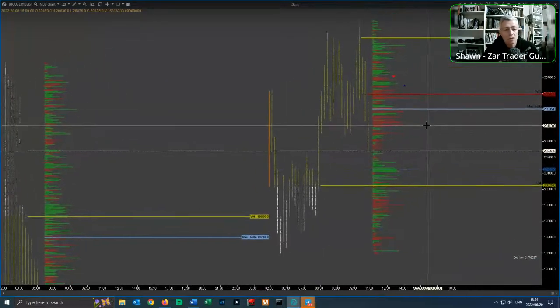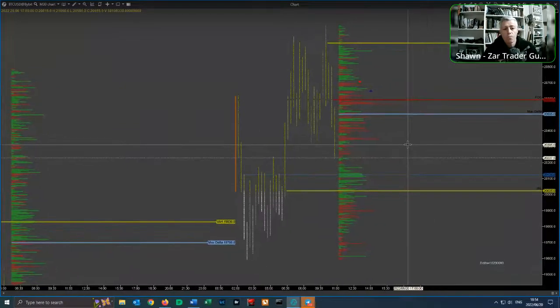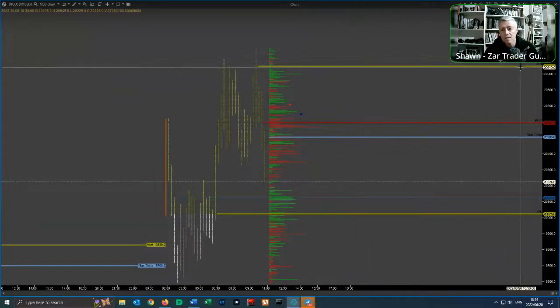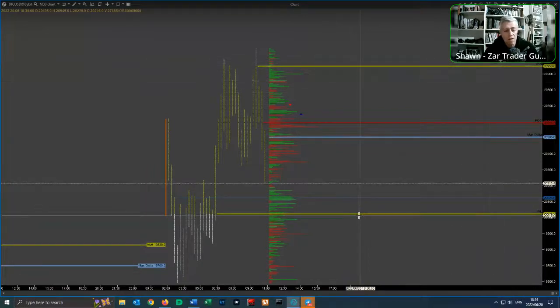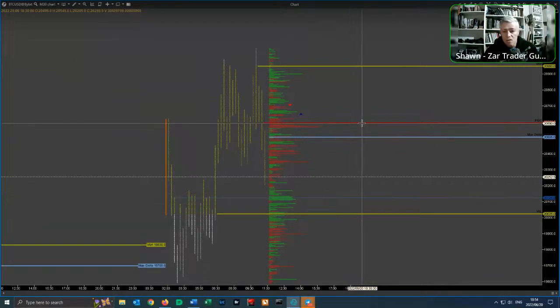And we can see price is now trying to come back into this area here. Exactly like the fixed range, it's showing me where the value area high is, that's this yellow line here, and the value area low. If I'm looking at this at an instant and I didn't have support and resistance levels at all, I would see that the middle of the range is not a good place to place a trade.